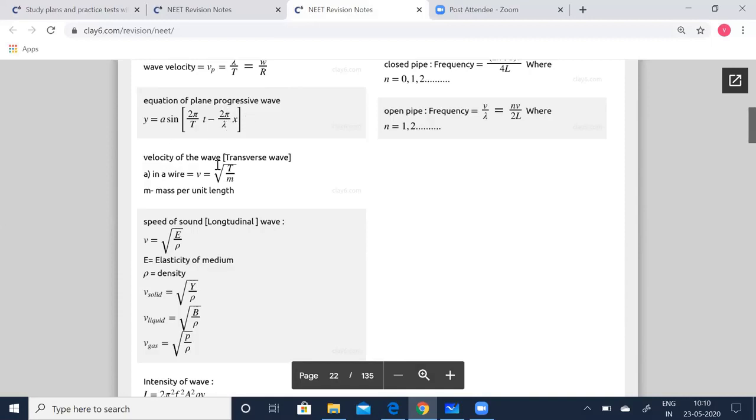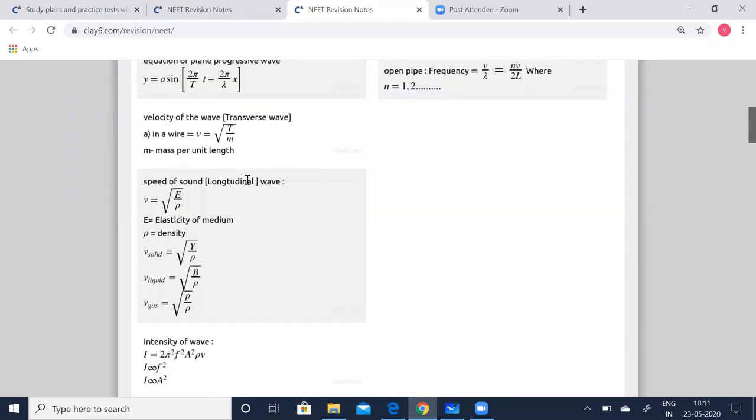So the velocity of a wave, if it is going to be a transverse wave, the first thing you'll have to know is, in a wire, v is equal to root of T by mu, where mu is the mass per unit length, and T is the tension here, because in a wire you have tension, right? So T is for tension here.